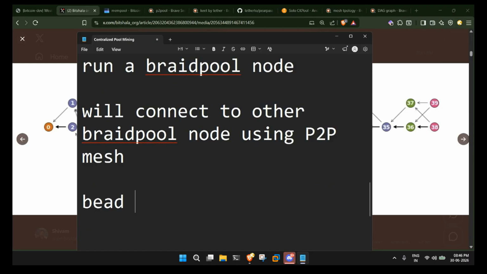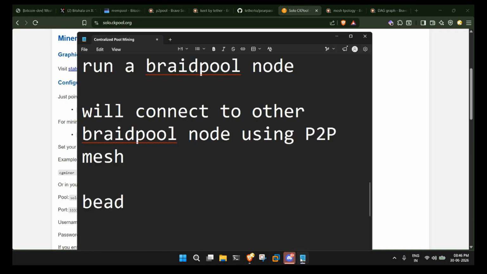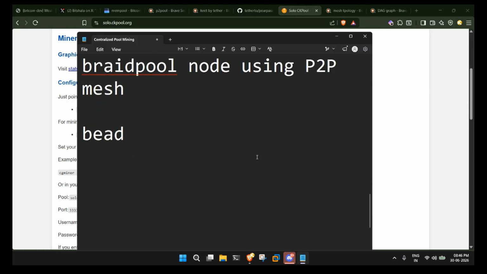Then your Bitaxe will connect to your local node, and they generally use the same 3333 port which you are using here, because they will also be using the Stratum protocol internally.